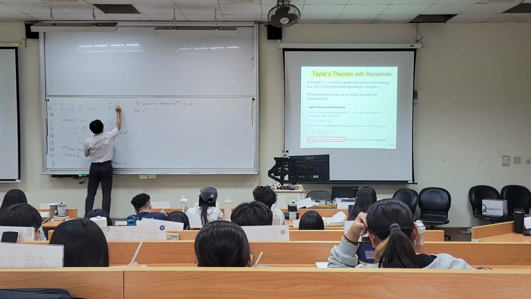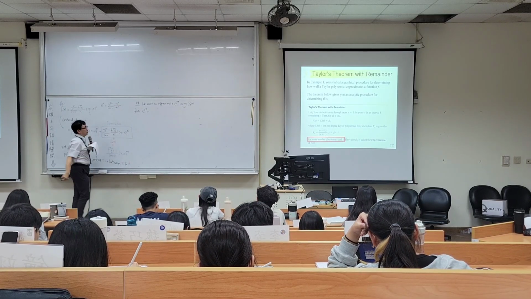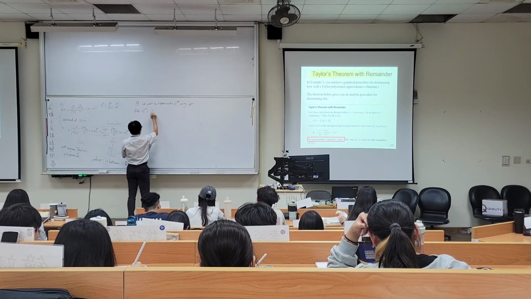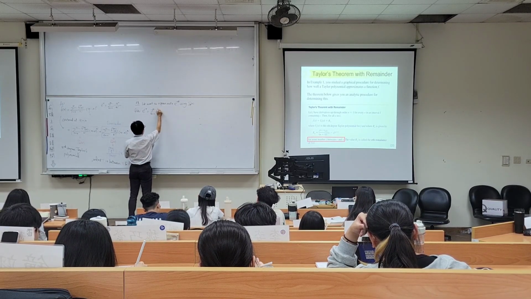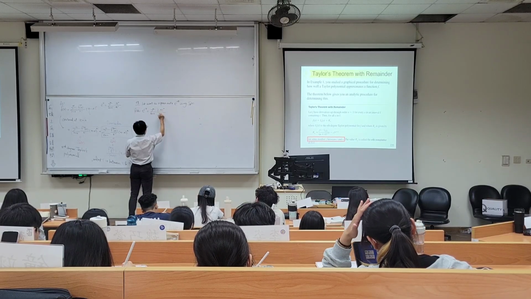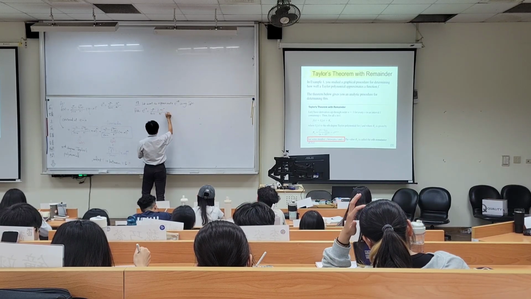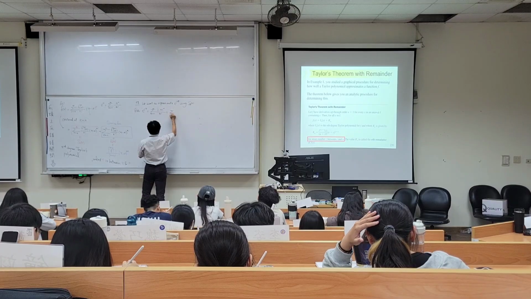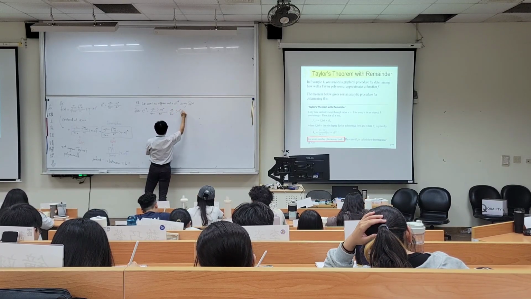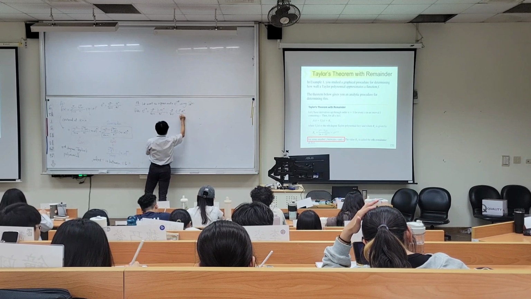So this will be the summation from n equals 0 to infinity of minus x to the n power divided by n factorial, so the summation of minus 1 to the n power x to the n over n factorial.